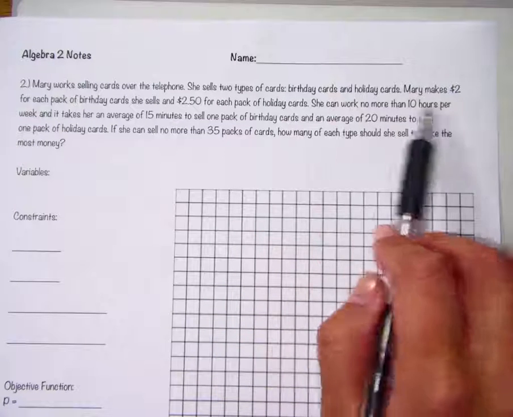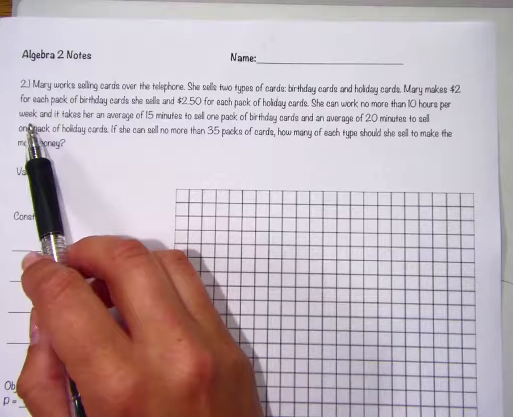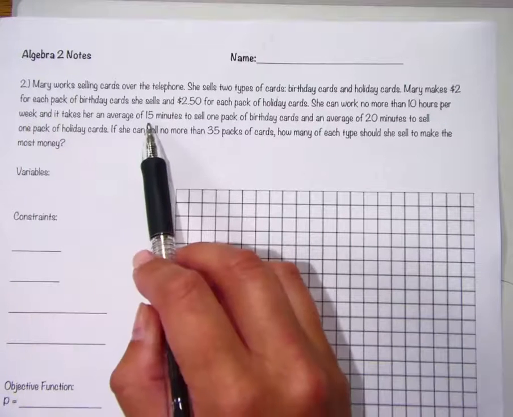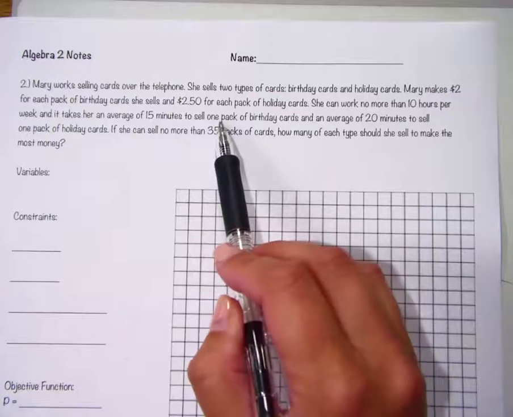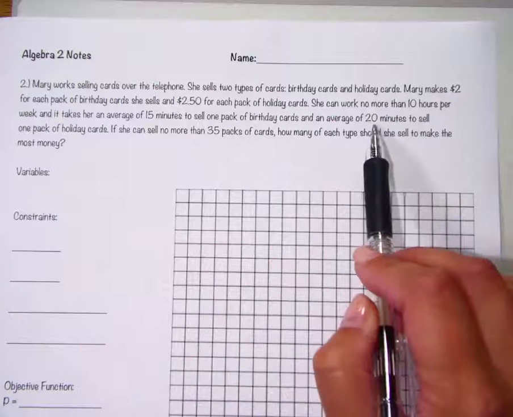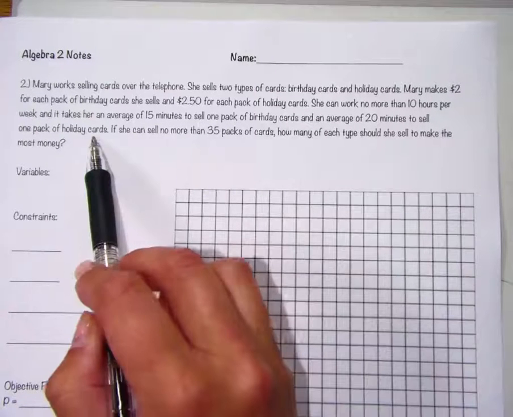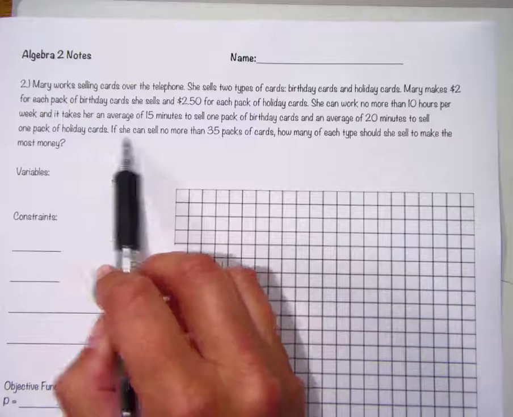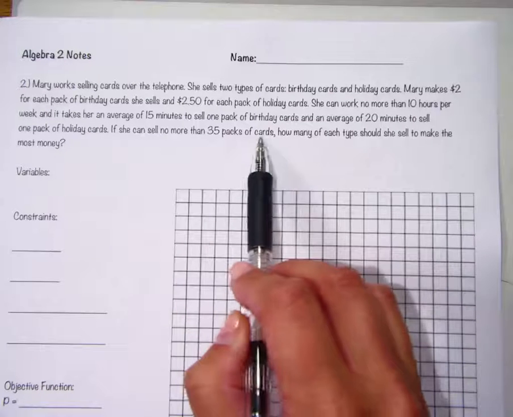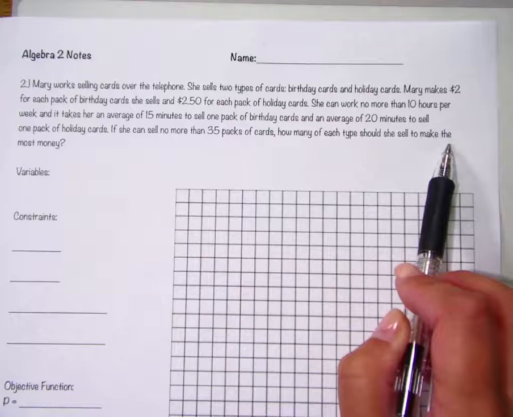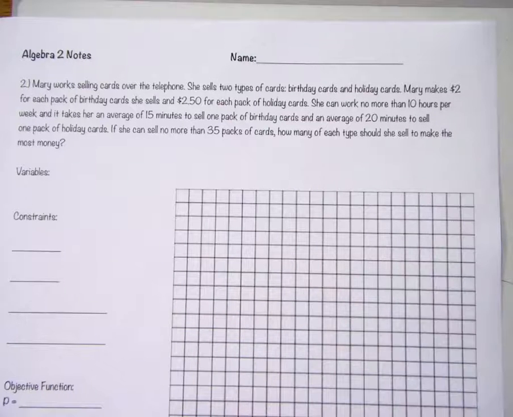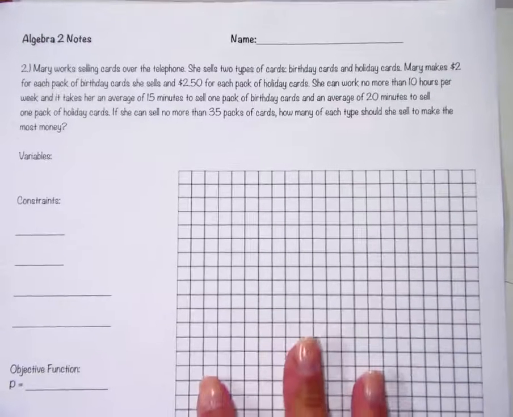She can work no more than 10 hours per week. Takes her an average of 15 minutes to sell 1 pack of birthday cards, an average of 20 minutes to sell 1 pack of holiday cards. If she can sell no more than 35 packs of cards, how many of each type should she sell to make most money?